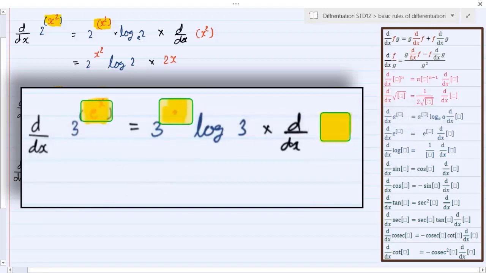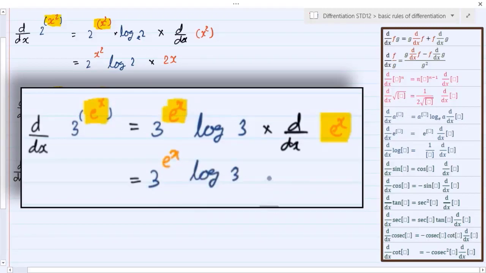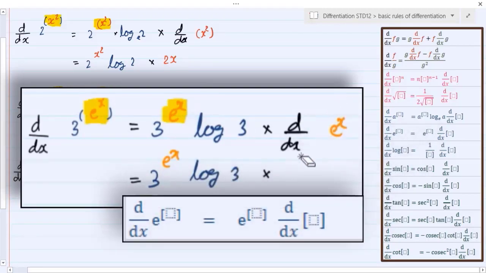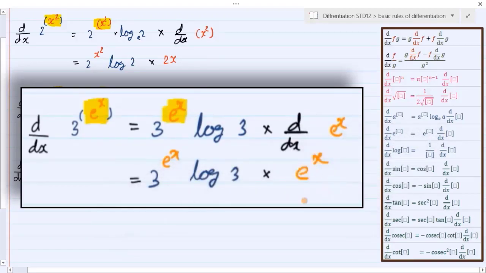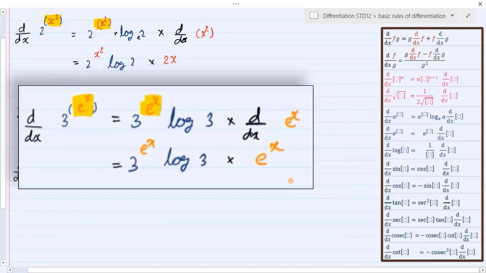Within the box we have e raised to x. Now we don't have to worry about this 3 raised to e raised to x into log 3. We just have to focus on differentiation of e raised to x, which is e raised to x. So ta-da, you can consider this as your final answer.